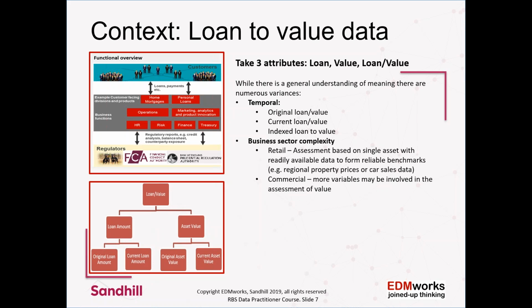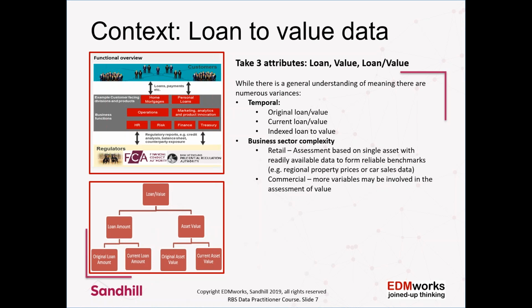It will use property indices or car sales indices or whatever it might be to index up or down the value of the various assets that it's holding, look at the loans that are there, and some of the loan may have been repaid, so the loan to value is in fact quite a dynamic thing, and according to what you want, you must be more specific about what you want, rather than just saying loan to value. It's got to be original, current, index, and there are various other variances as well.